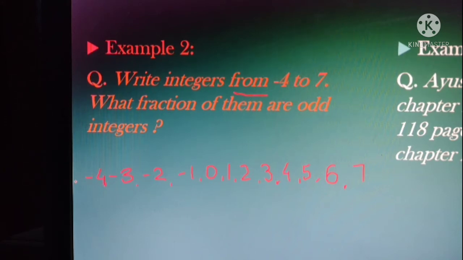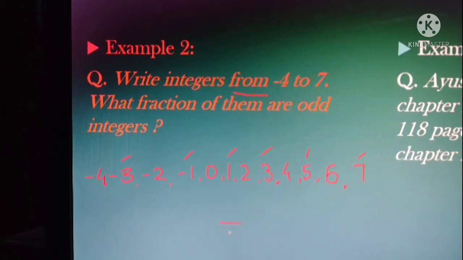Now out of these integers, how many are odd integers? Odd means not exactly divisible by 2. So -3, -1, 1, 3, 5 and 7. So that means 6 integers are odd. So how will you write? First of all, you have to give one division line.